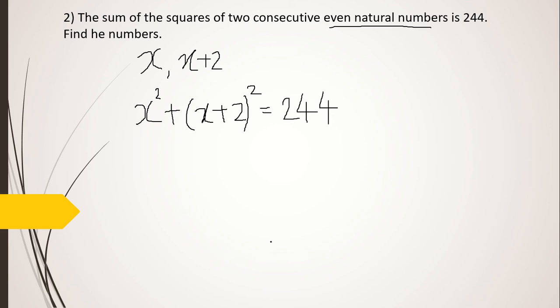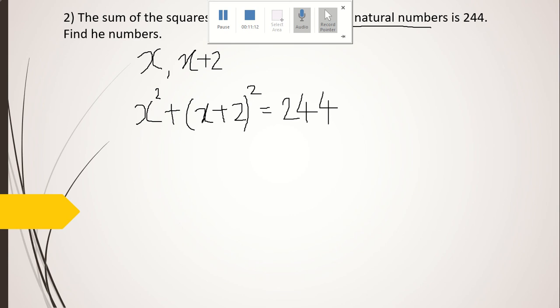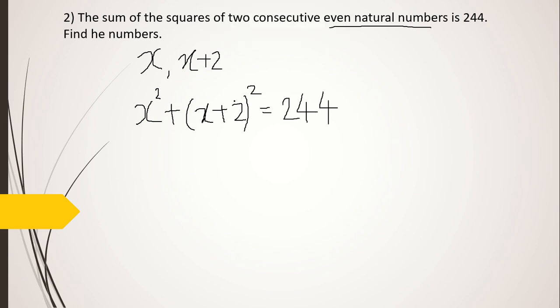We got the equation. Now once you got the equation, then you have to just solve the equation and get the required answer. That's it. Okay, so now what do we do? This is x square plus this bracket, solve it using the formula a plus b the whole bracket square.